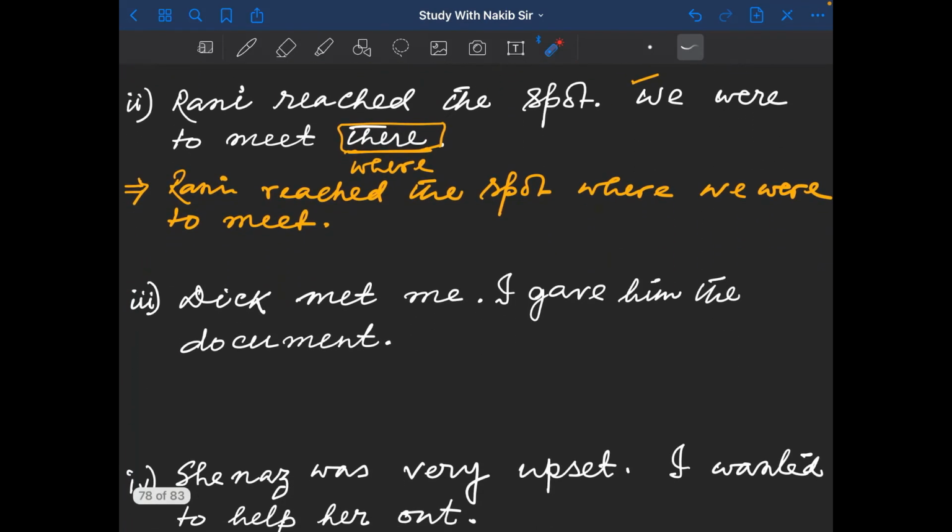Next question is Dick met me. I gave him the document. Very easy question. See the nature. I gave him the document. When? Very easy, indicating the time. See, the answer will be like this.